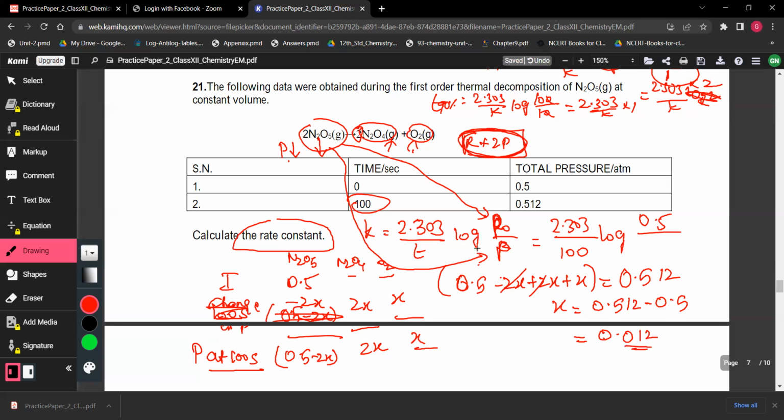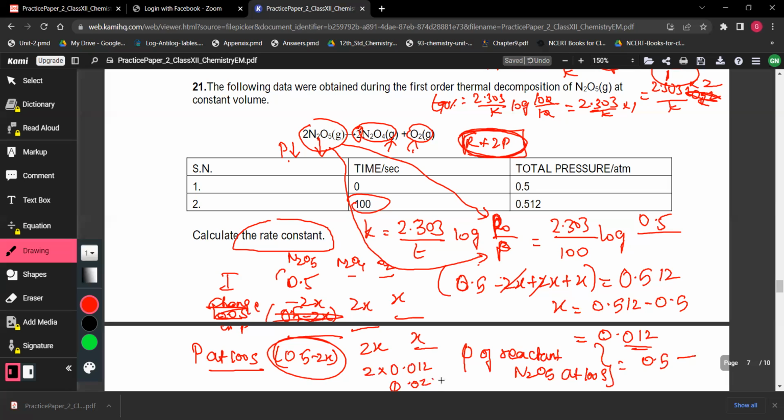Now substitute this x value in the reactant pressure at 100 seconds. So how much will you get? The pressure of the reactant N2O5 at 100 seconds is 0.5 minus 2x. You have to substitute 2 into 0.012.